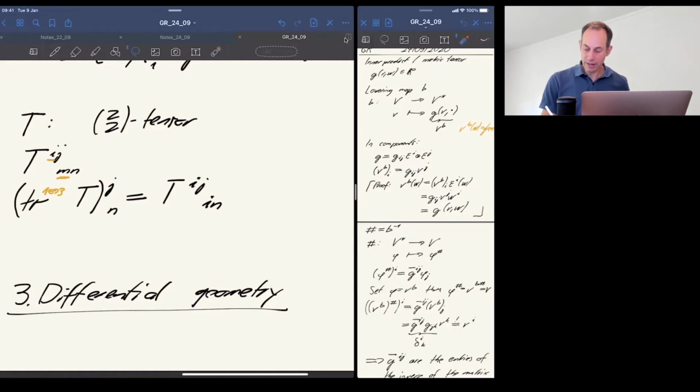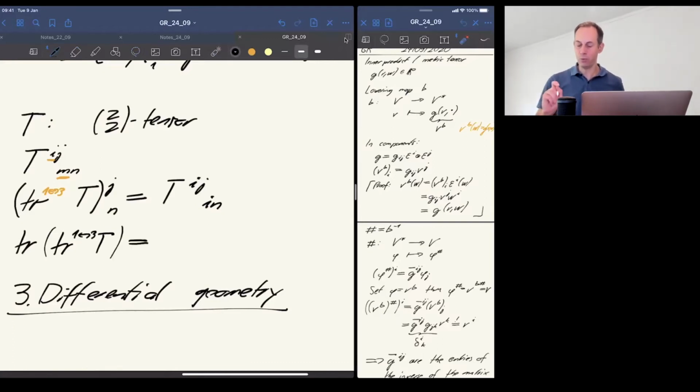I have already taken the trace of 1 and 3 of T, and this still has two arguments, and I take again the trace of that. I again pair 2. But now I have only 2 left, so it's clear which ones I pair. So in this case, I get T, I, J, I, J, because now I paired both.